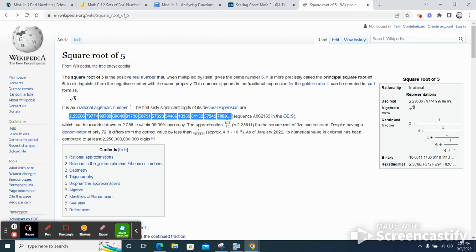And see those little dots? It just keeps going. So what is the square root of 5? It's kind of hard for you guys to see from your seat. It's 2.23606 79774 99789 69640. It goes on forever. Nothing repeats, and it never stops. That's why it's irrational. Okay?